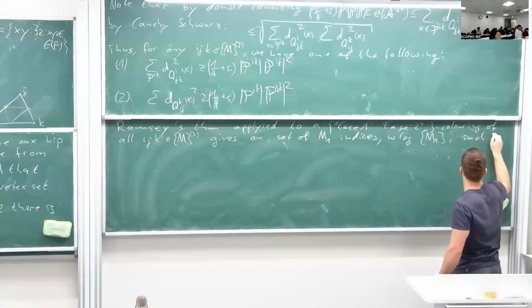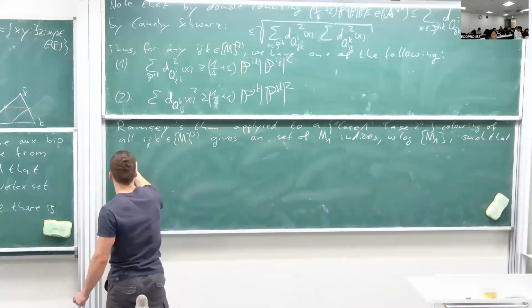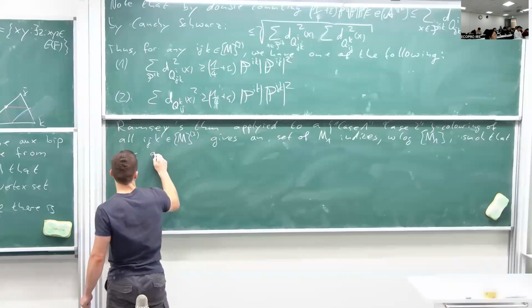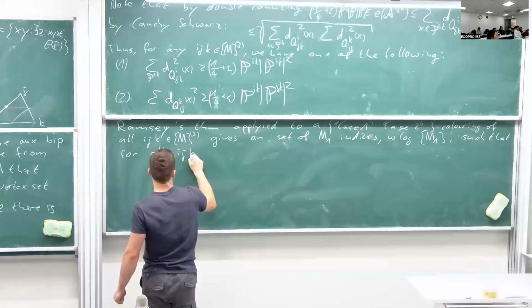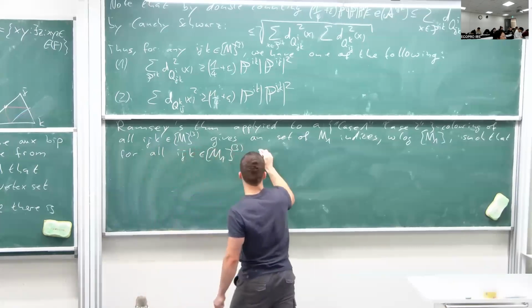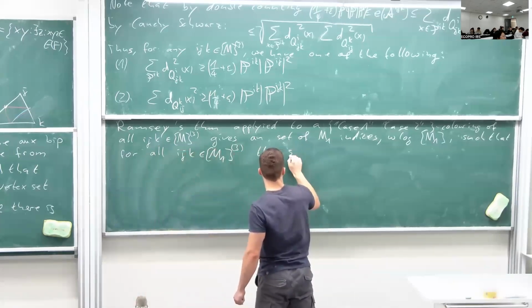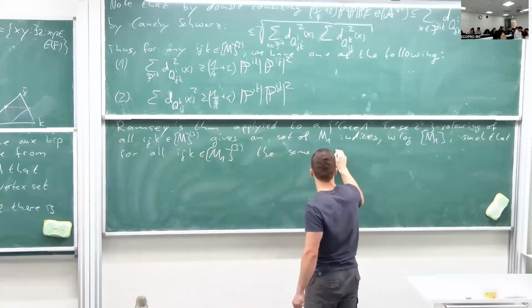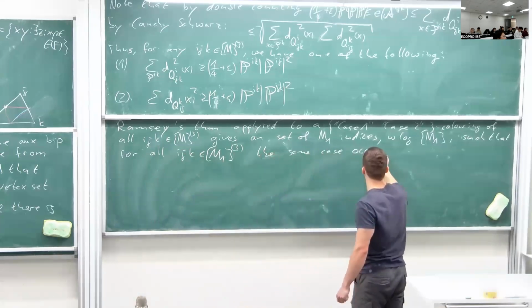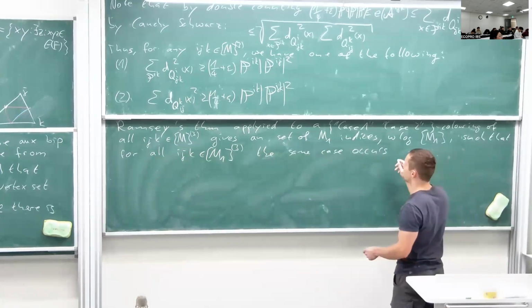But then, for all ij in M1, the same case occurs. And without restriction, let's say it's the first one.